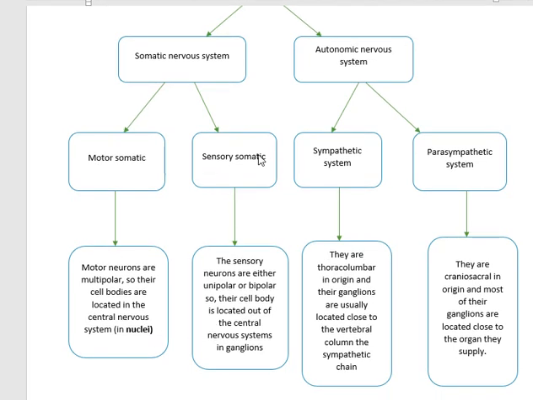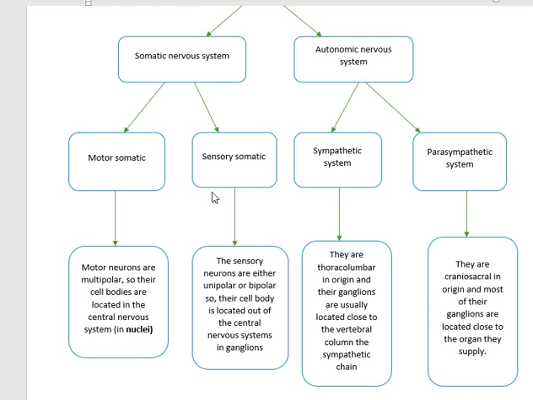Now, the sensory somatic system. The sensory nerve has a contrary characteristic. The characteristic of a sensory neuron is that it should either be unipolar or bipolar. Unipolar and bipolar neurons have their cell body outside of the central nervous system. At one point they have dendrites, and at the middle they have the cell body.